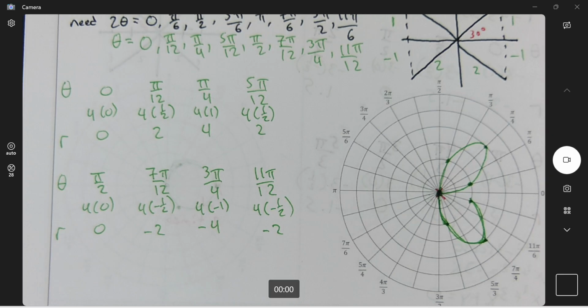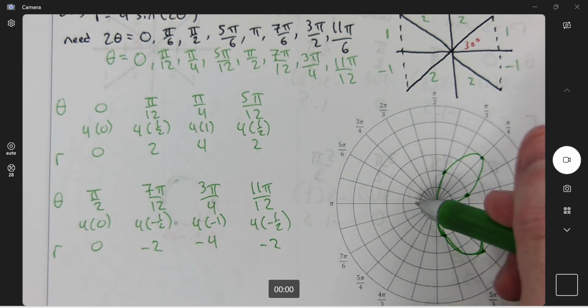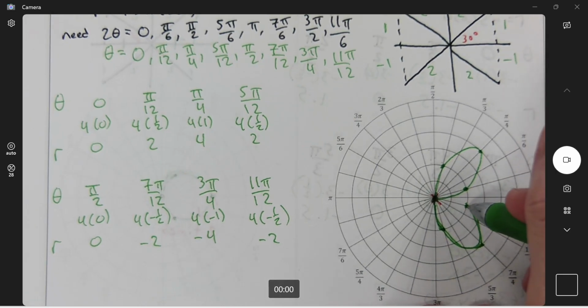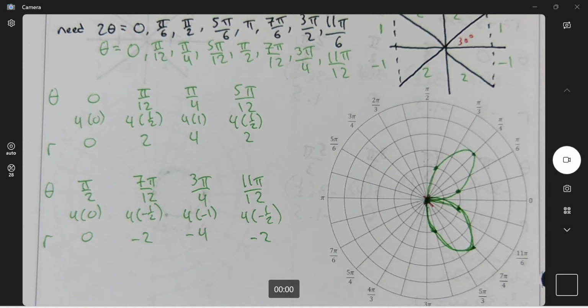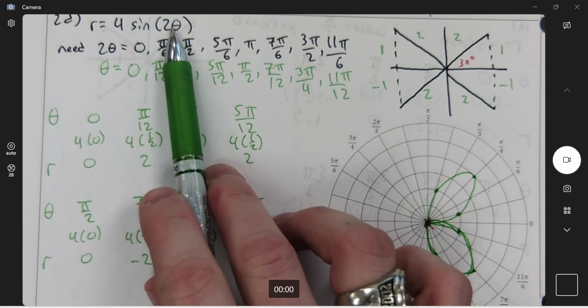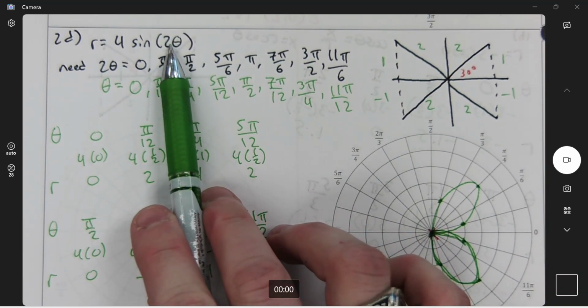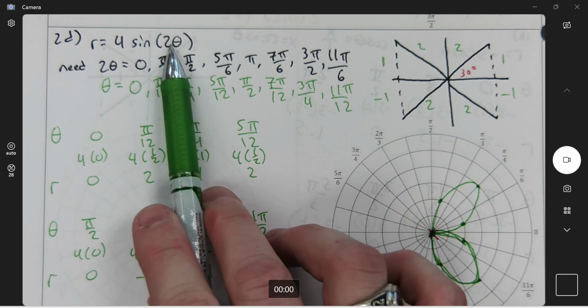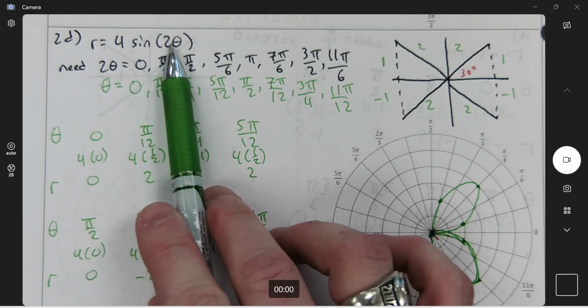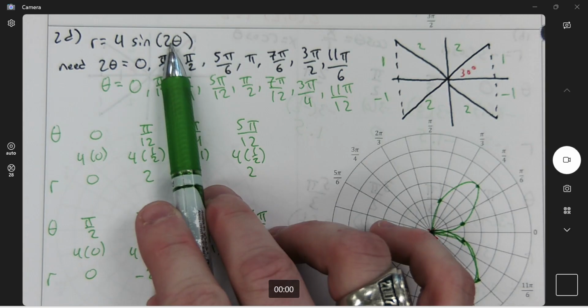Now guess what would have happened? If I had gone to 2 pi, you know 2 pi is coterminal with 0, right? Everybody's cool with that? That means after here, I would have been right back here again, like that. But remember, this stretched our domain. Instead of going 0 to 2 pi, this would have made us go to 4 pi to see the entire shape.